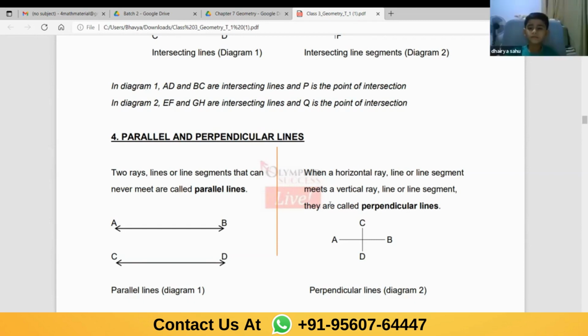No, ma'am. Do slanting lines also have parallel lines? Yes. Slanting lines could be the same way. See, are my hands looking parallel? Yes, ma'am. But in this condition, only my hands are parallel, my arms are not parallel.